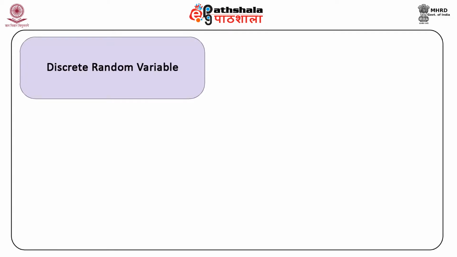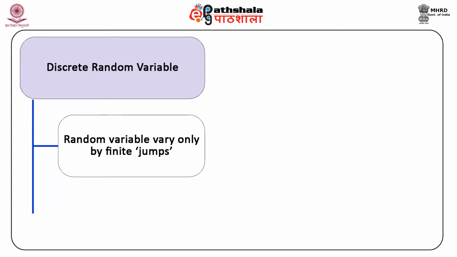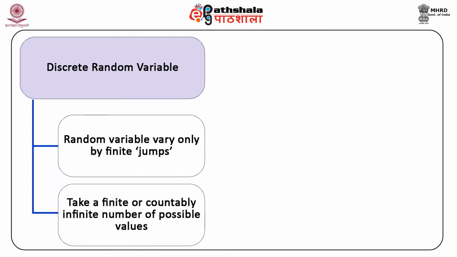When a random variable can vary only by finite jumps, it is referred to as a discrete random variable. A discrete random variable may take a finite or countably infinite number of possible values.